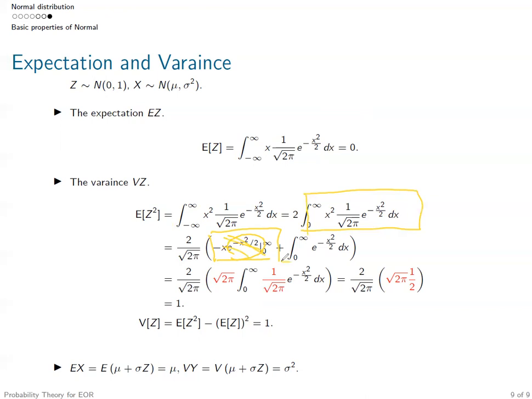The question is, what is the value of the integral in the red box I just marked? If we look closely, this function looks like the density function, if we rescale by 1 over square root of 2 times pi.